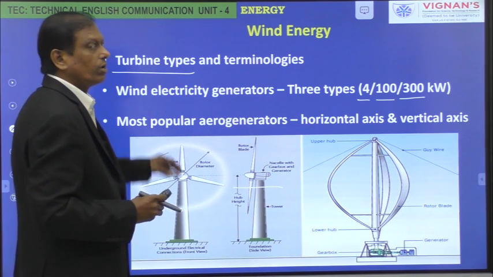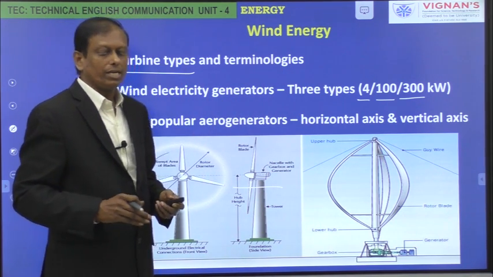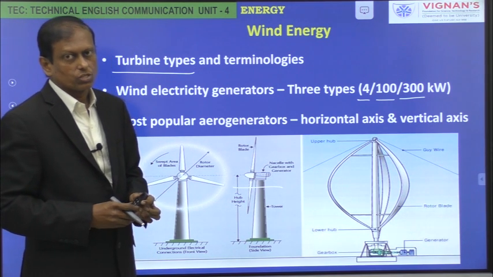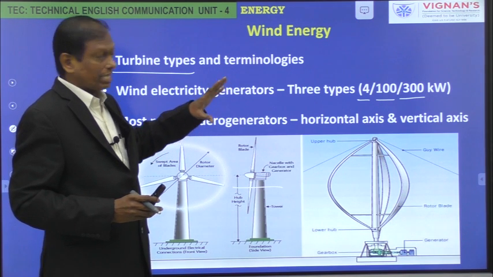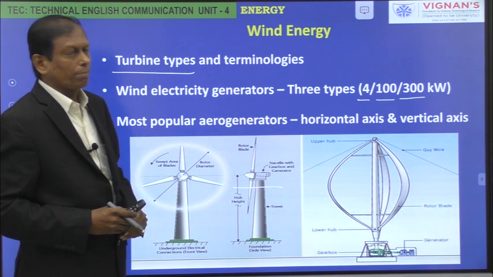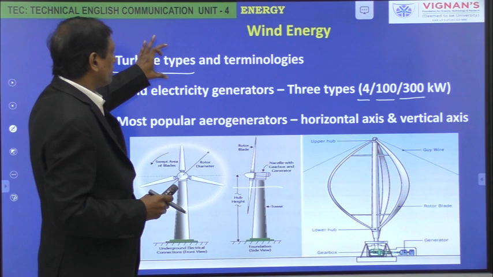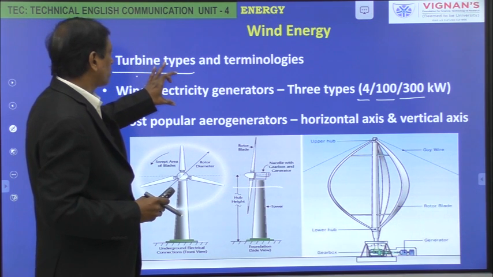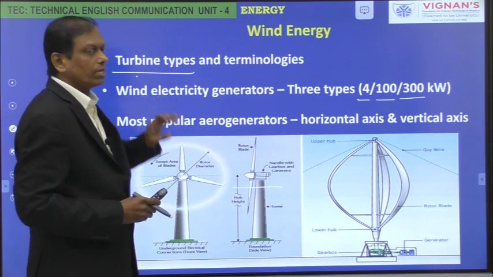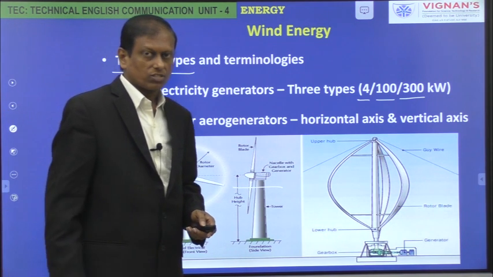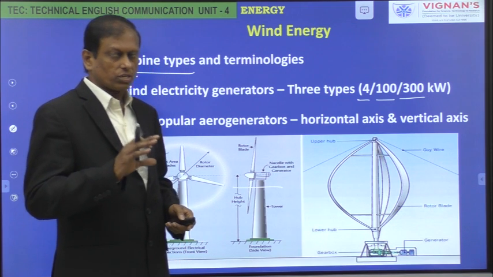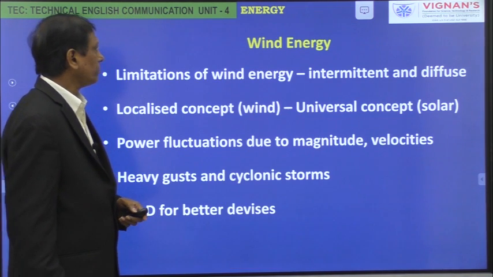These two types of aero generators have been explained in our passage. So technically, three things are mentioned in this passage: the turbines used and electrical generator types, and then the axis types, horizontal axis generators and vertical axis generators.